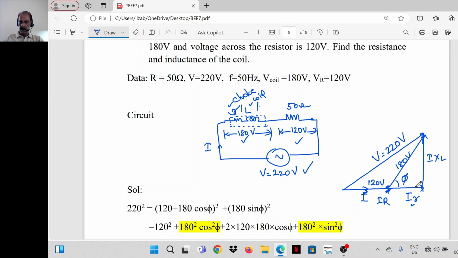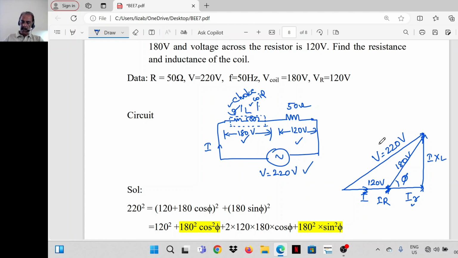Voltage across the choke coil means Ir plus jI into XL. So now we have to find the value of r and L, the resistance and inductance of the coil.